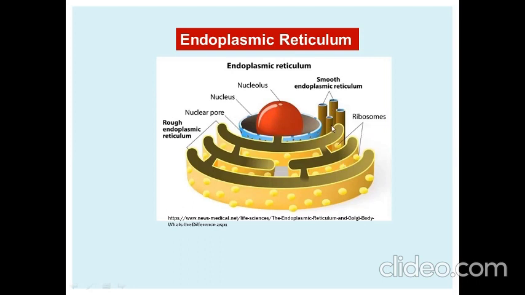These are different in functionalities also. The rough endoplasmic reticulum is the site for membrane protein and secretory protein biosynthesis, whereas the smooth endoplasmic reticulum is the site for metabolic processes like synthesis of lipids and steroids, metabolism of carbohydrates, drug detoxification, and steroid metabolism.